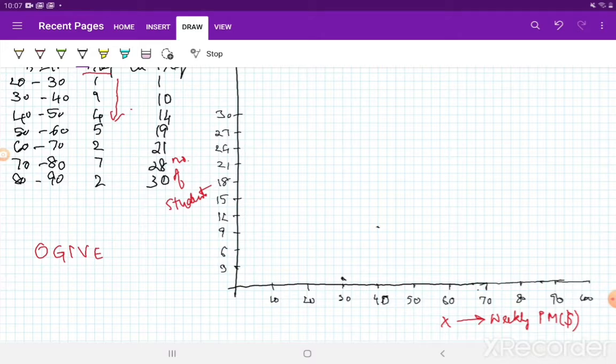Against 50, I shall plot 14. Against 60, I shall plot 19. Against 70, I shall plot 21.